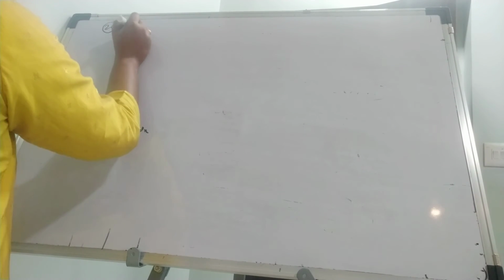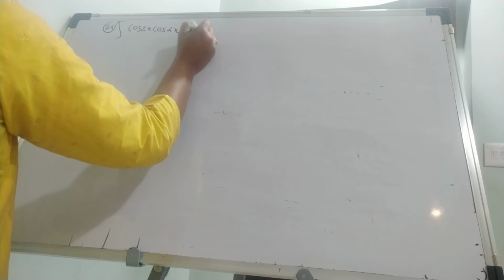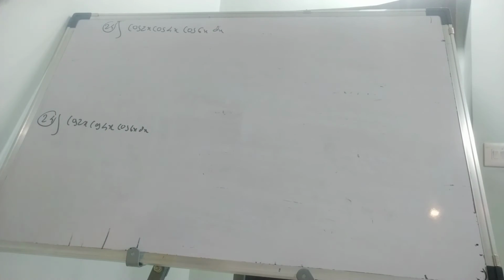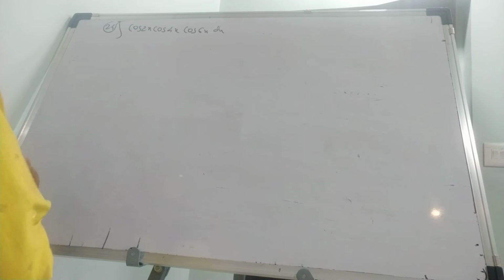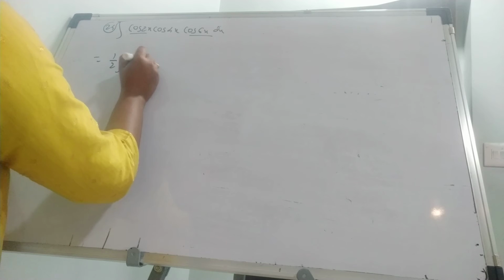Now consider question number 24. Cos of 2x, cos of 4x, cos of 6x. Product of three terms. So we'll consider two at the time. So if I consider first and last together, so multiply and divide by 2.